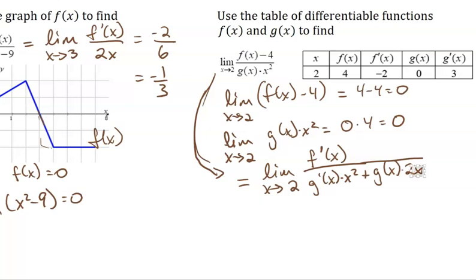Okay, and then now evaluating that, f prime of 2 is equal to -2. G prime of 2 is 3 times 2 squared is 4, plus g of 2 is 0, so I don't care about the 2x. So we end up with -2 over, actually, let's just reduce these. So we get -1/6. And that's L'Hopital's rule.